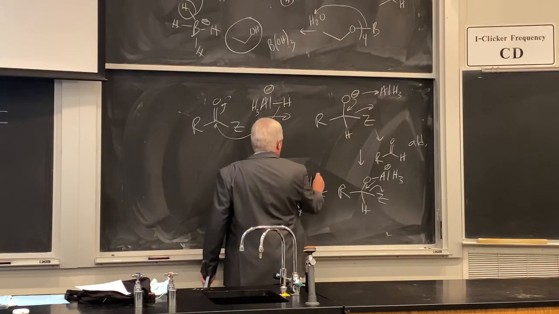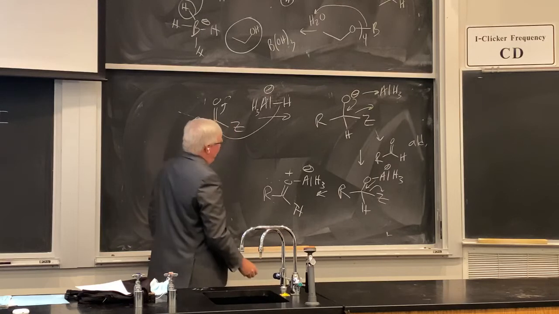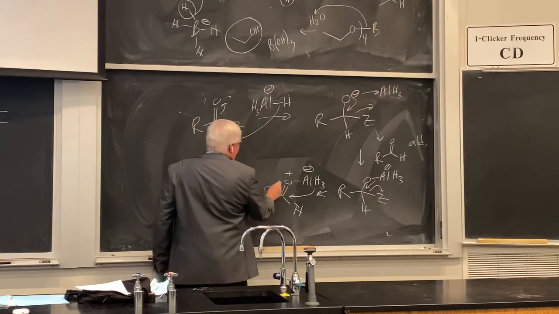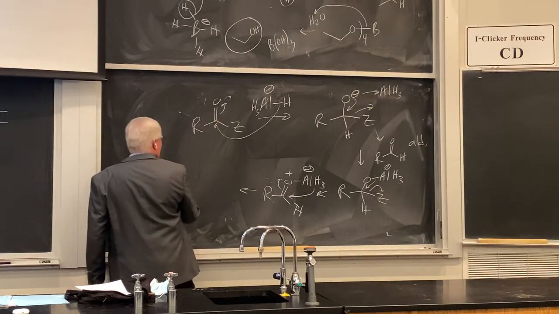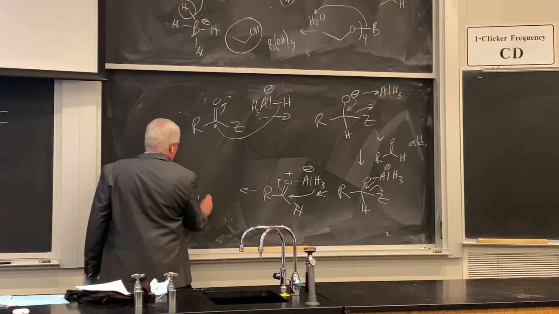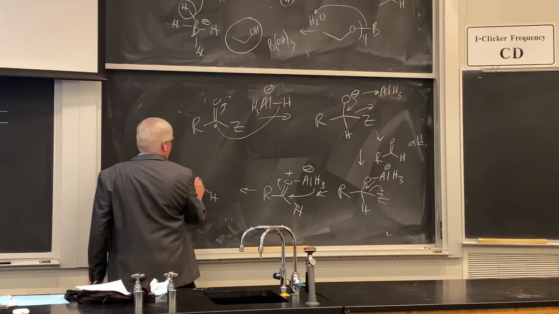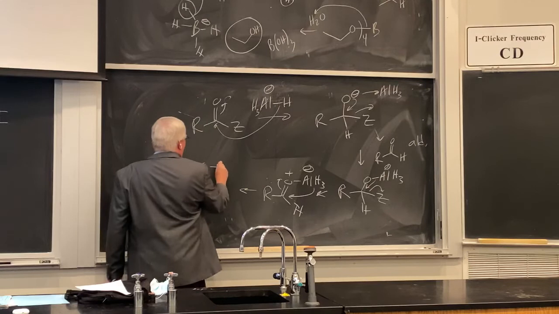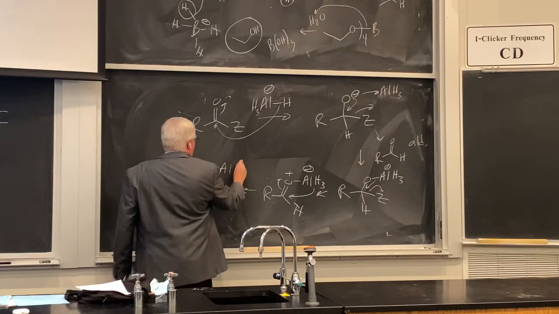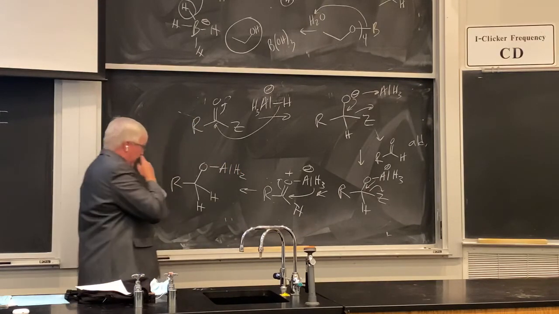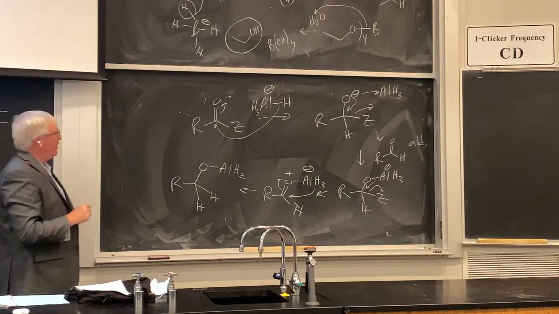That can coordinate the aluminum again, right? And then we have the ability to add another hydride here. And that gives us what? It gives us 2 hydrogens on there now, and O and aluminum. Now it just has the 2 on there. So you can kind of keep track of the aluminum.